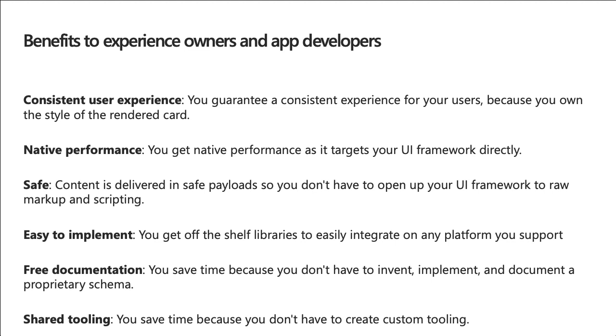Content is also delivered in safe payloads so that you don't have to open up your UI framework to raw markup and scripting. You also get off-the-shelf libraries to easily integrate on any platform that you're going to support. You also save time because you don't have to invent, implement, and document a proprietary schema. And then finally, you're going to save time because you don't have to create custom tooling to implement your adaptive cards.